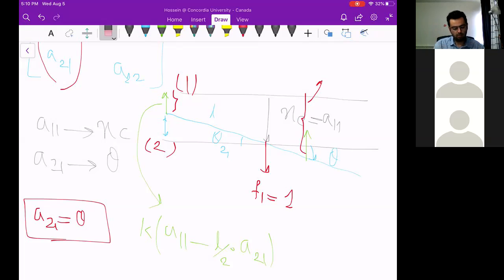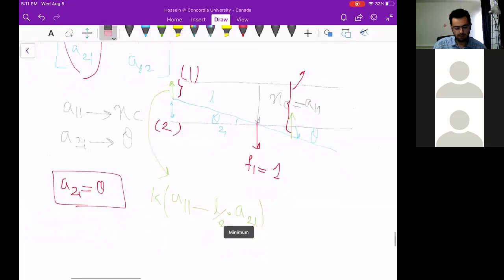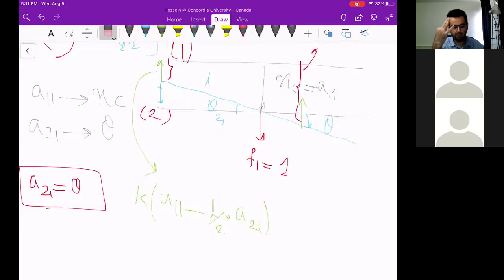In order to find A11, in the previous question we took advantage of geometric formulation and the second Newton's law in the y and x directions. Here we have to do it again. So I need to find A11. I have to somehow use the second Newton's law. In the y direction, I found three forces.